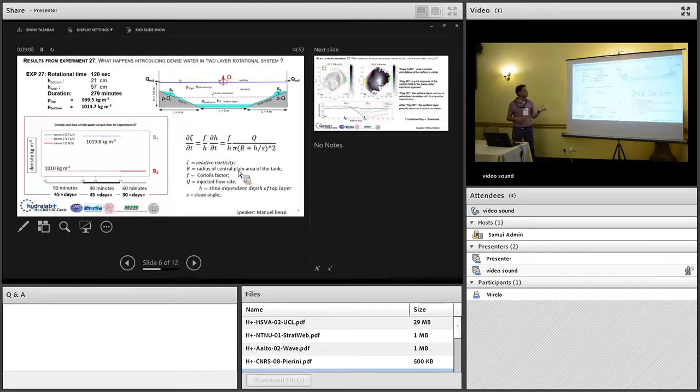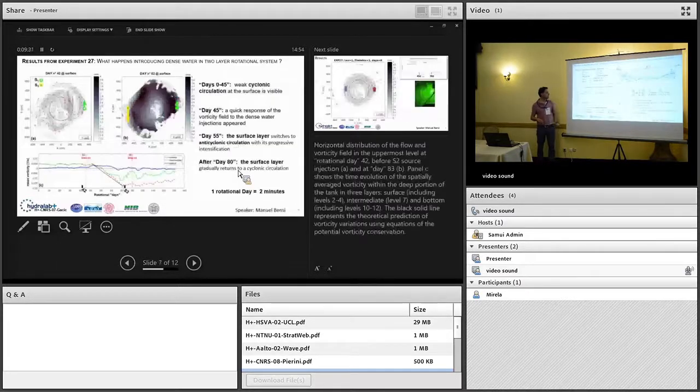Here you can find the density properties used for the upper and deeper layer, and the evolution of the experiments in terms of dense water injections. That means that one source worked for the entire experiment, releasing intermediate water of 1010 kilograms per cubic meter at 0.8 liters per second.